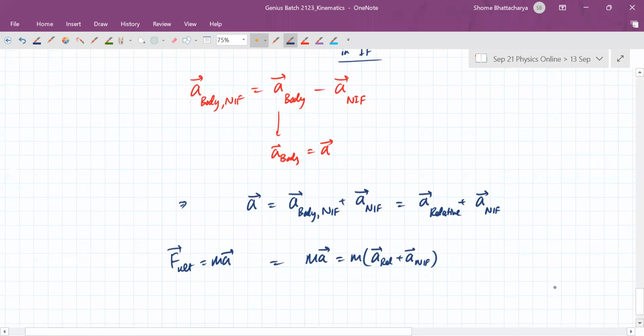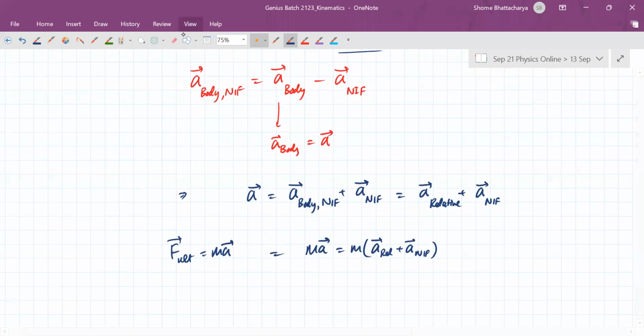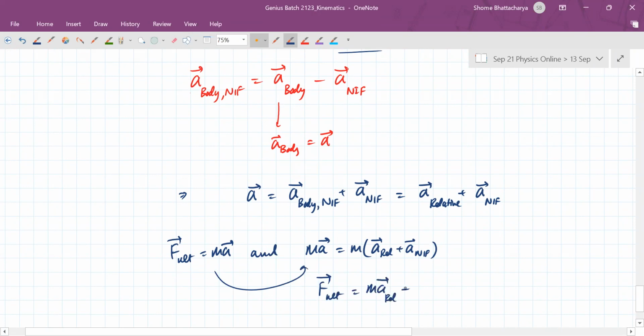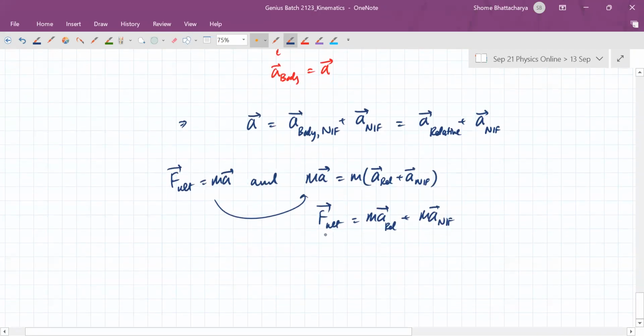So m into a is F net. This is the net external force. So in this equation now, this is the net force.